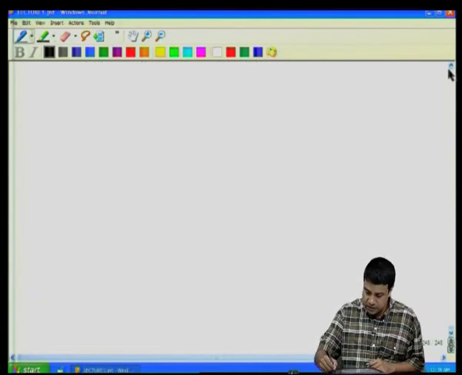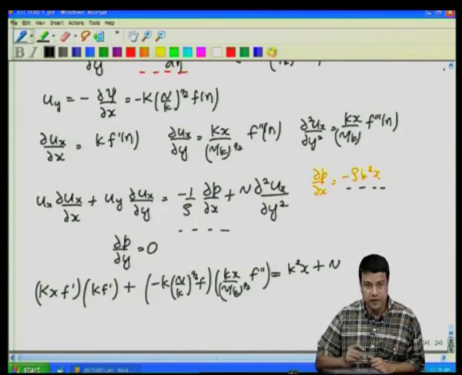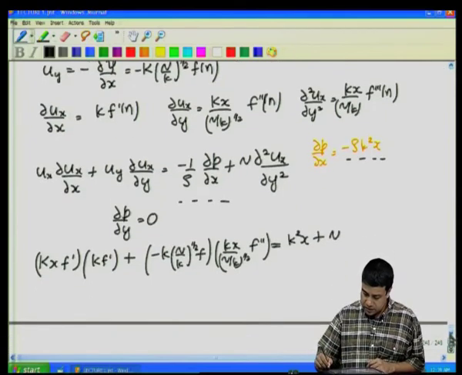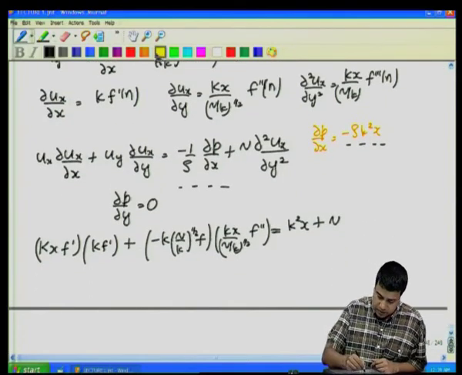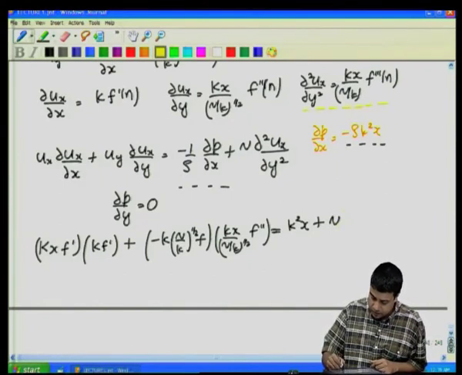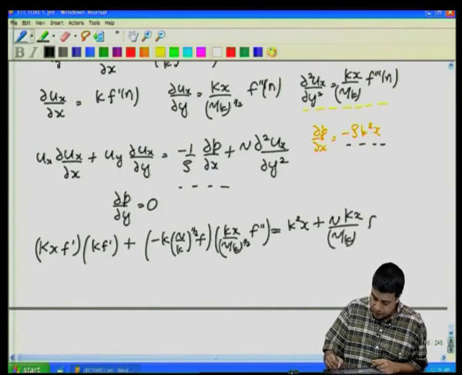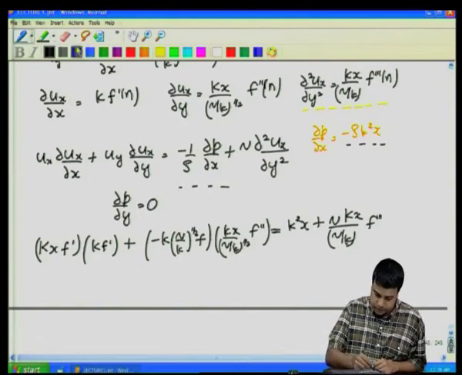The kinematic viscosity into the second derivative is given by this expression, nu into k x times k by nu into f triple prime, the third derivative.